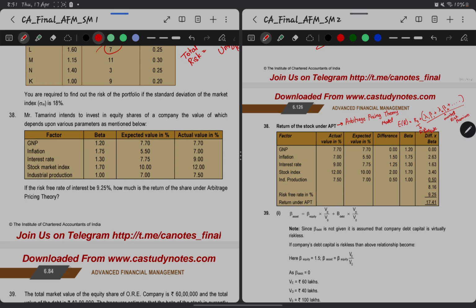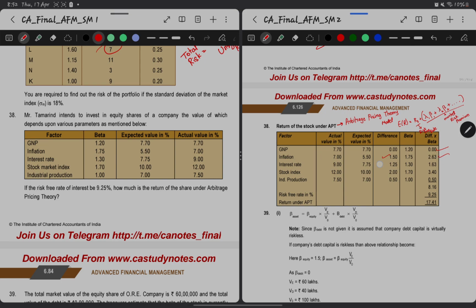In the first case, GNP, gross national product, the actual value and the expected value are the same, there is no difference, so this beta will not affect our stock. The difference into beta is 0 only. Because of inflation, there is a difference of 1.5%, and the sensitivity towards market is 1.75, so the change in exact percentage of the stock will be 2.63.